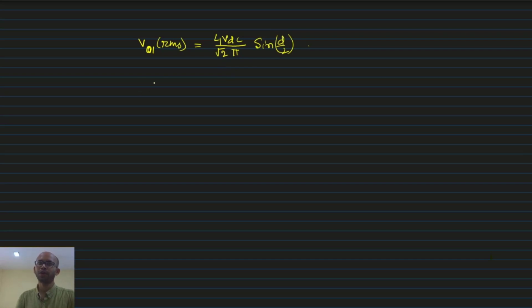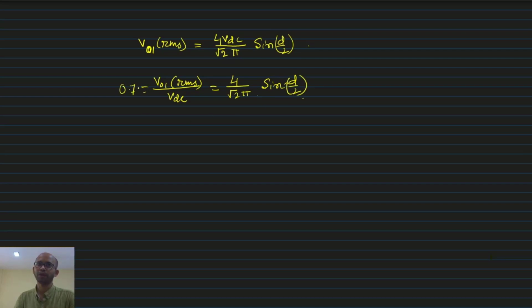Now if I take the VDC here, then V01 RMS by VDC equals 4 by root 2 into pi, sine D by 2. How much is this?